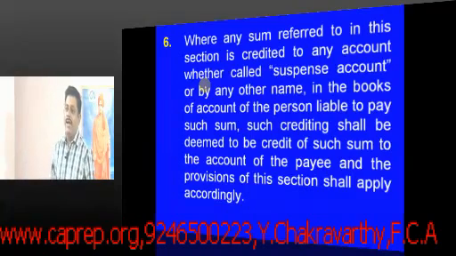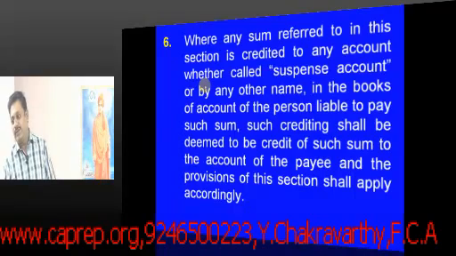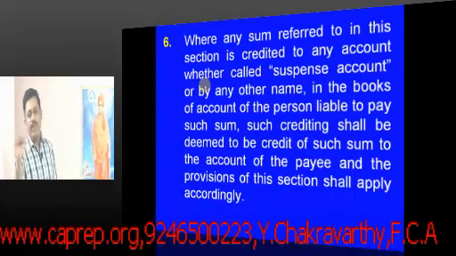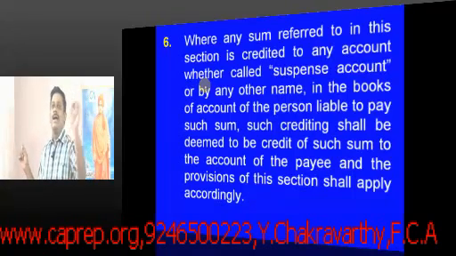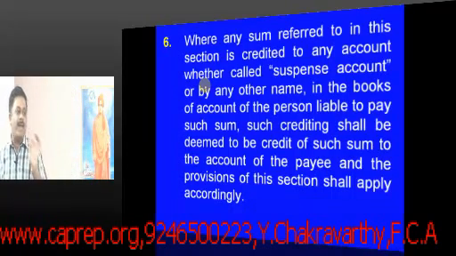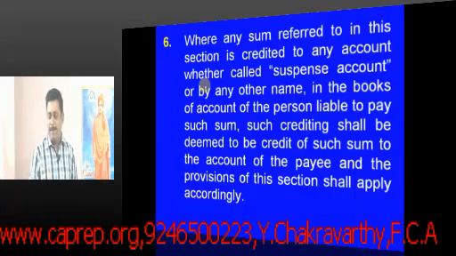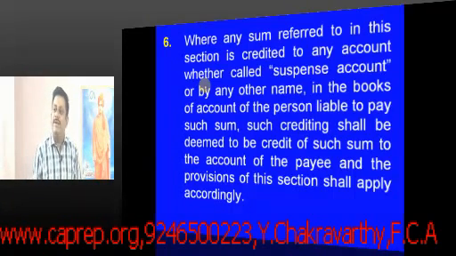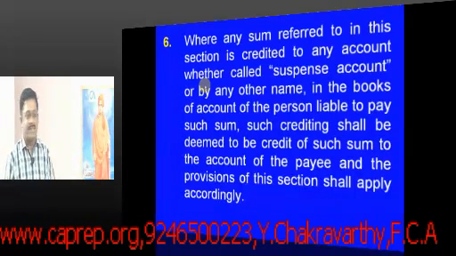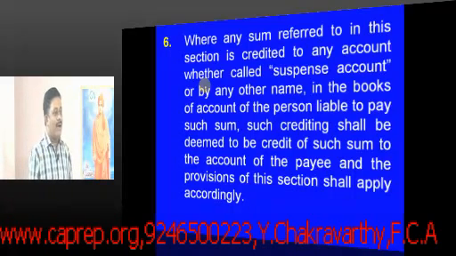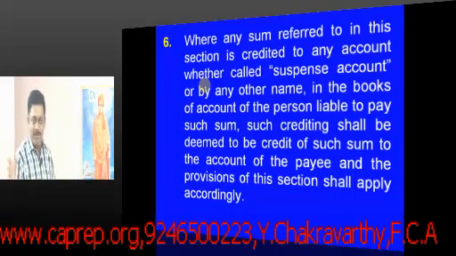Some people thought that instead of crediting it to the account of the particular foreigner, they could credit it to a suspense account so that temporarily they can avoid payment of the tax. No, whether you credit the same to the payee account or to the suspense account, you are liable for the TDS.